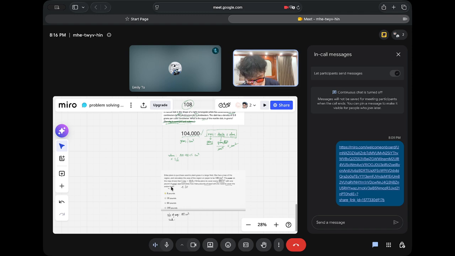So we have the scale is 1 centimeter equals 20 feet.